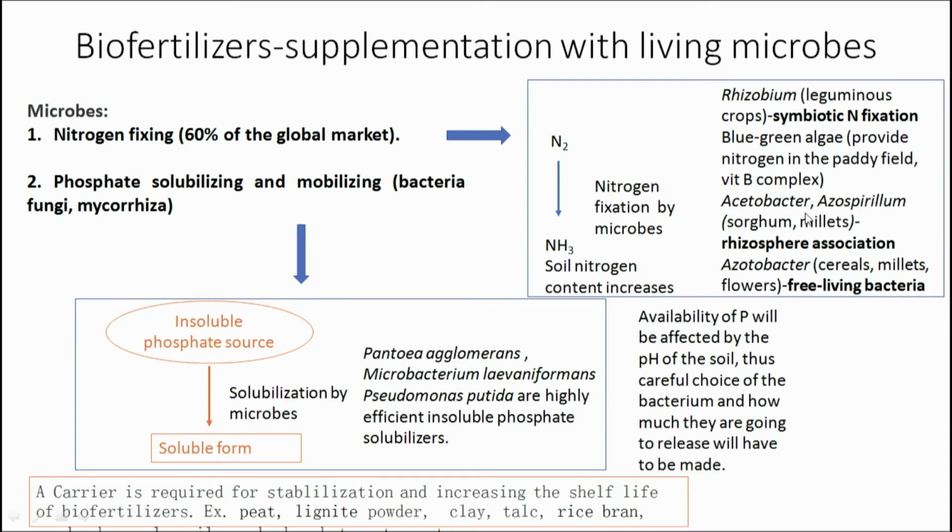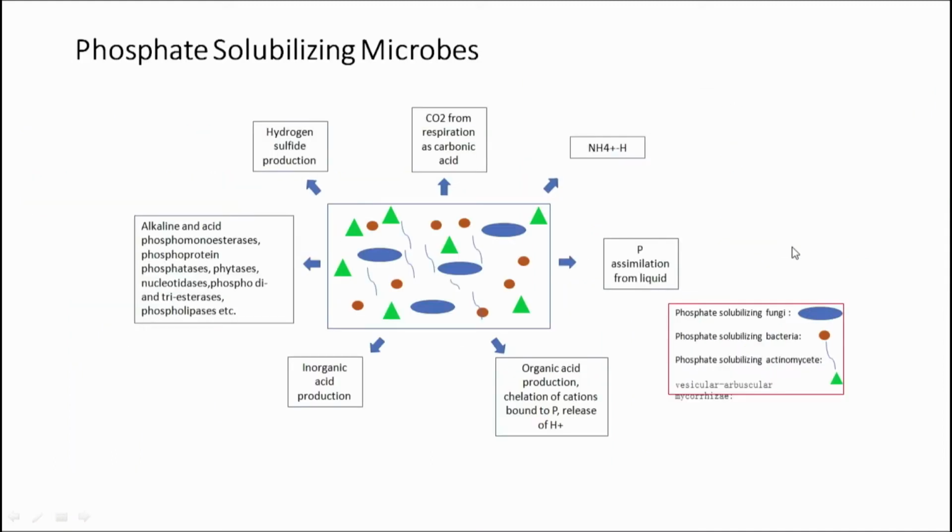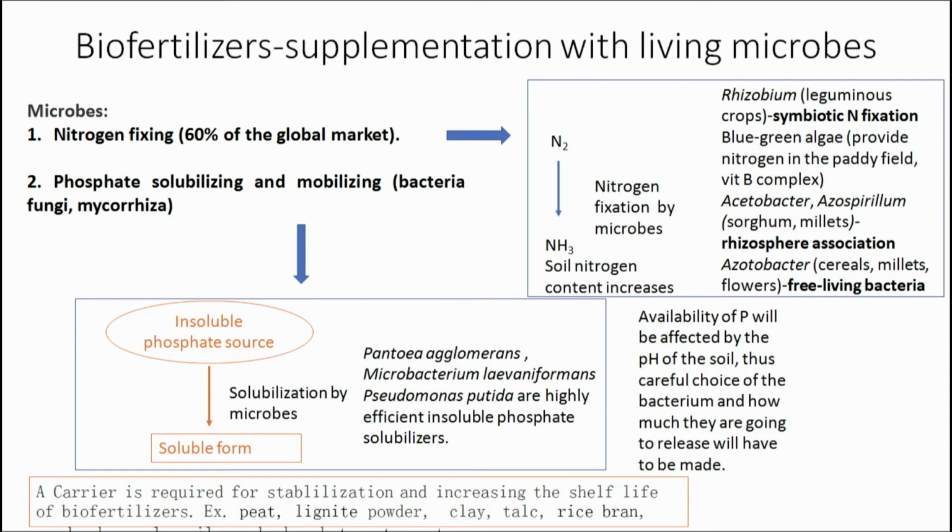The second group of microbes capable of fixing nitrogen are called the rhizosphere associated bacteria. As the name suggests, rhizo means roots and sphere means the area around the roots. These bacteria occur in very close association with the roots of the plants.